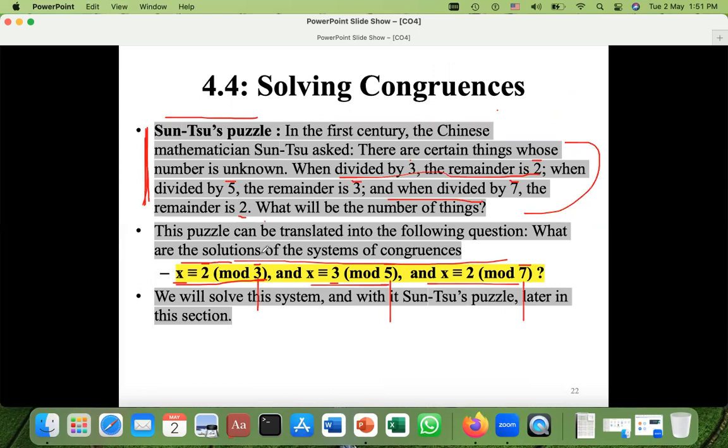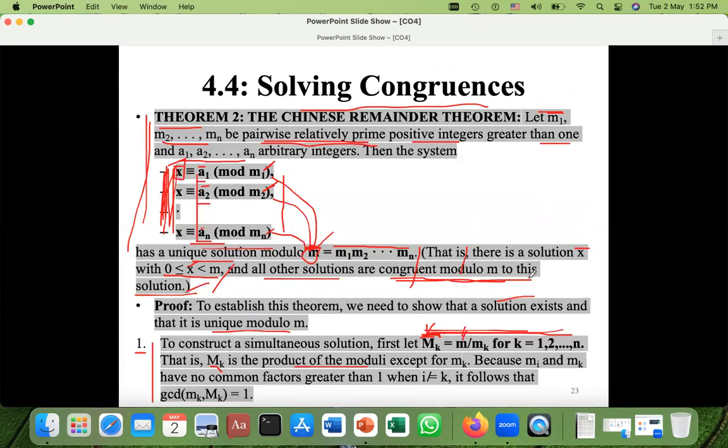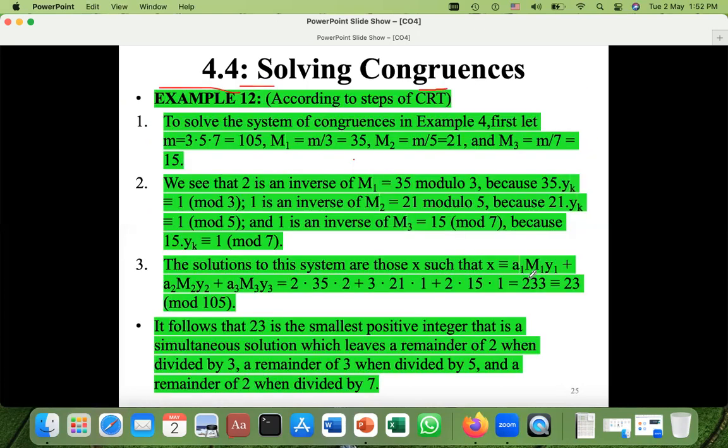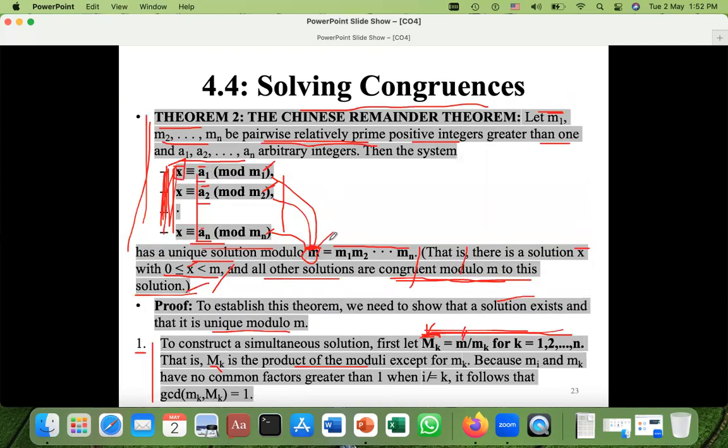And what will you get? 3 multiplied by 5 is 15, and then multiplied by 7, that is 105. So multiply all these 3, 5, 7, and then you will have the value for m. And that is 105.